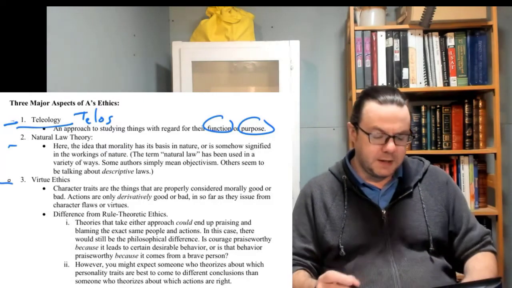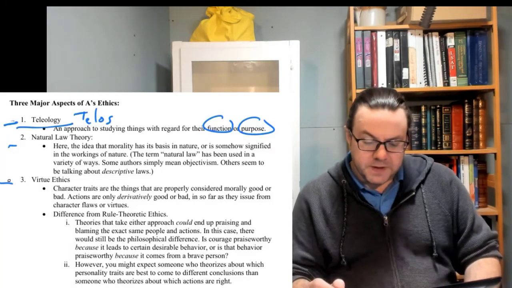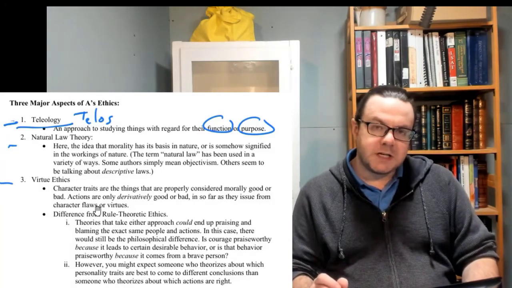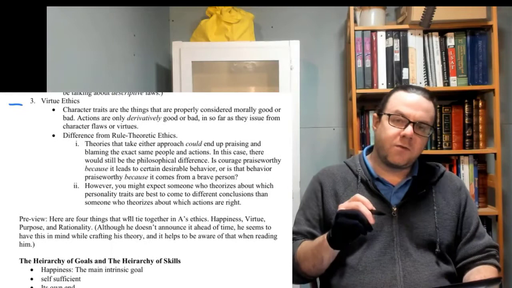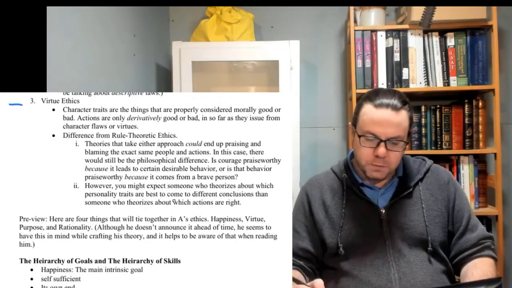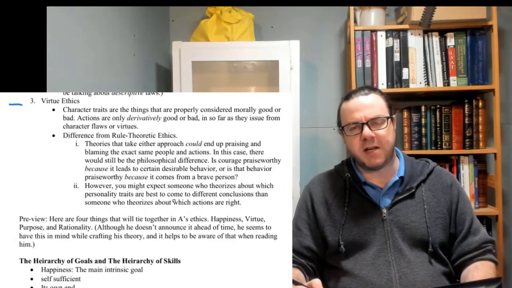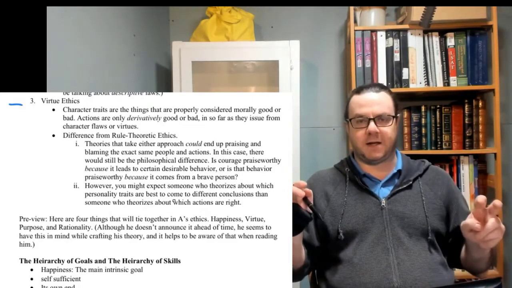Let me try and be a little more specific here and say that Aristotle's theory is different in this way from both Mill and Kant. So Mill and Kant provide theories of ethics that we might call rule theoretic, right?